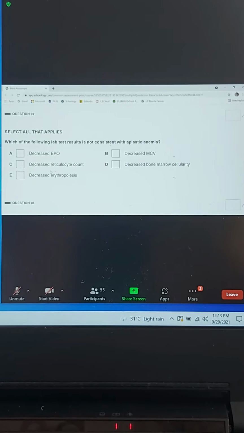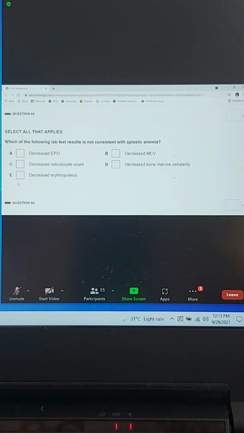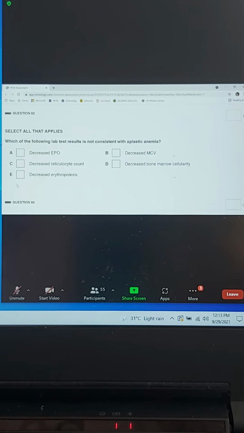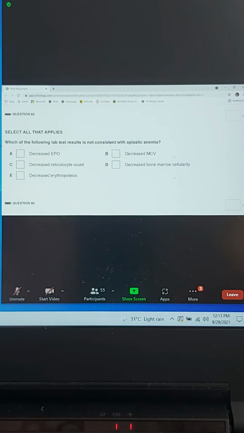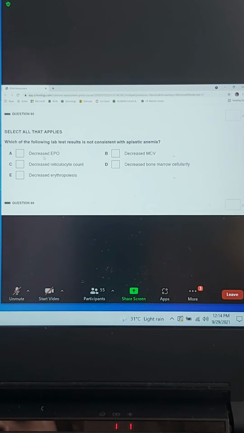92. Which of the following lab test results is not consistent with aplastic anemia? Let's start with letter E. Decreased erythropoiesis, is it consistent with aplastic anemia?